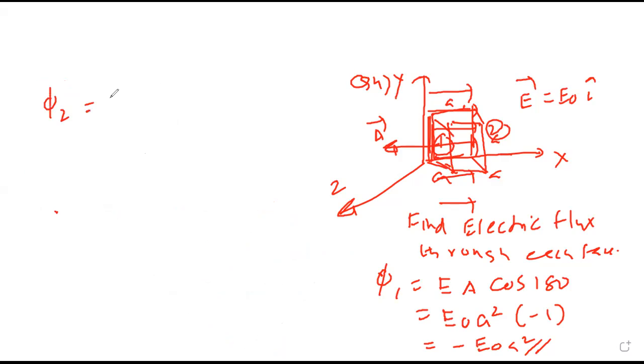And for the second one, it is E A cos 0, because the area vector will be along E. So that will become E A square cos 0, which is E A square.